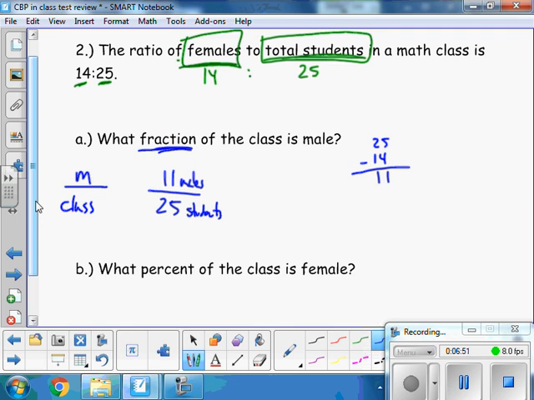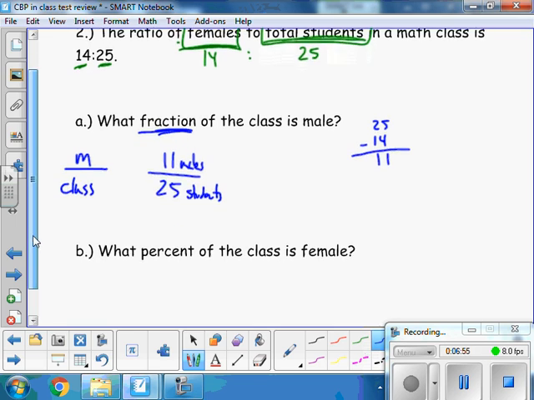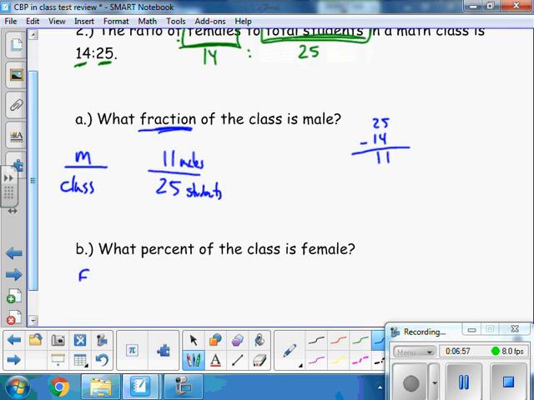Check! What percent of the class is female? That brings me back to the females to the class. That's my original thing up here. So that's 14 over 25. Ooh, I'm liking that 25. I just got to get to 100 and I'll see it. So times 4. 14 times 4 will give me an equivalent fraction. 4 times 4 is 16. 4 times 1 is 4, plus 1 is 5.